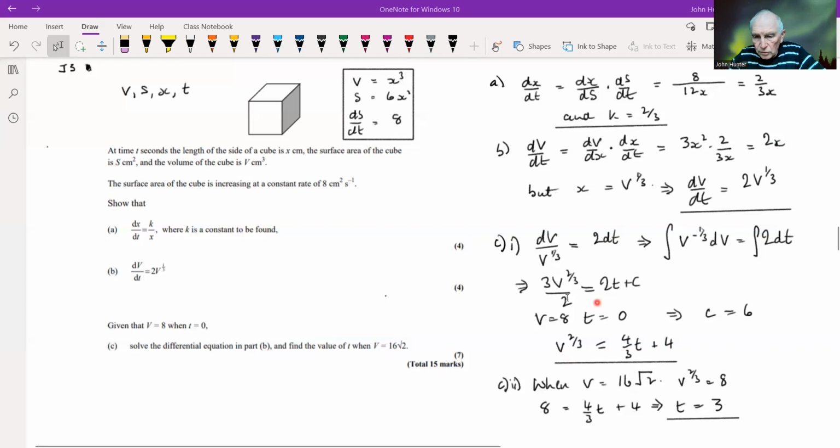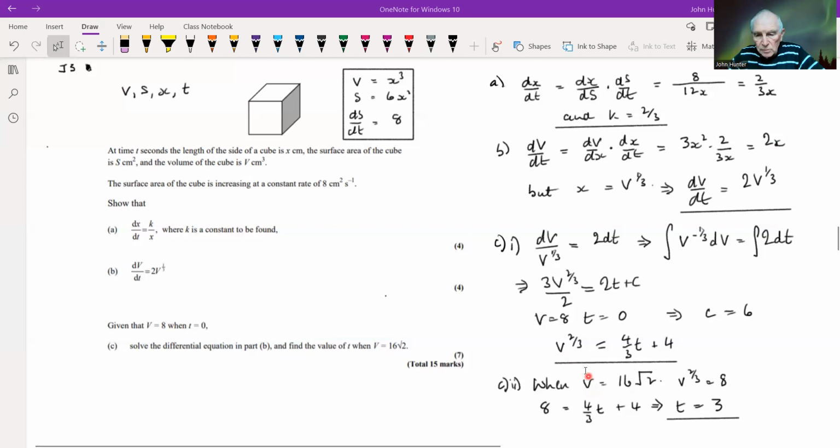Okay, you might want to pause and check that for yourself, but that's basically what it works through to. And then the last part is find the value of t when v equals 16√2. Well, this is pretty straightforward.